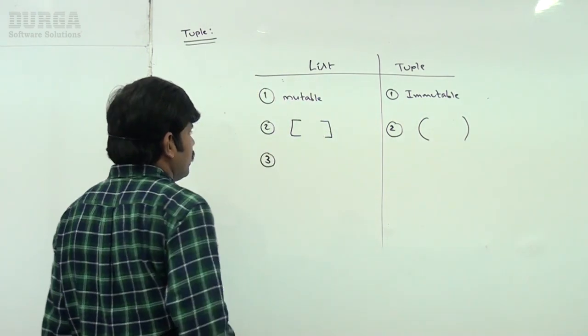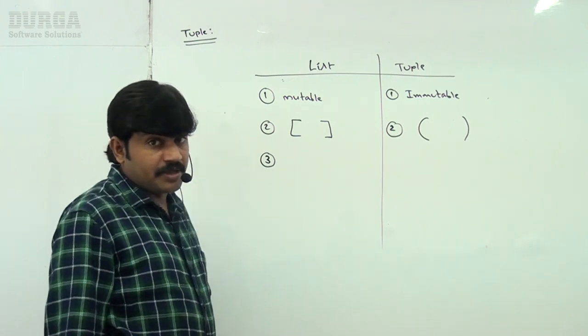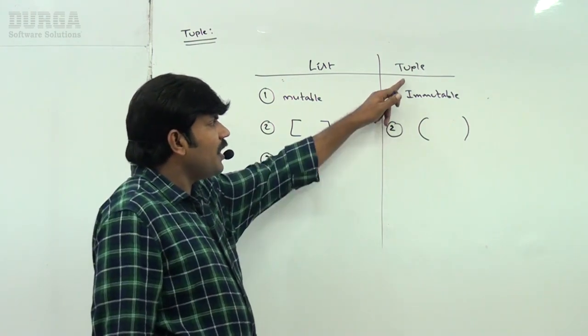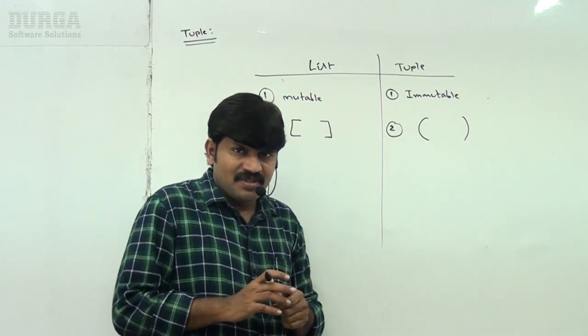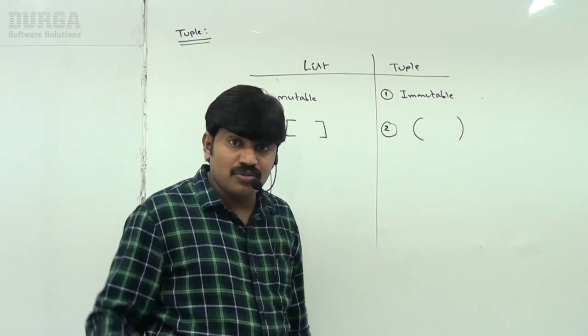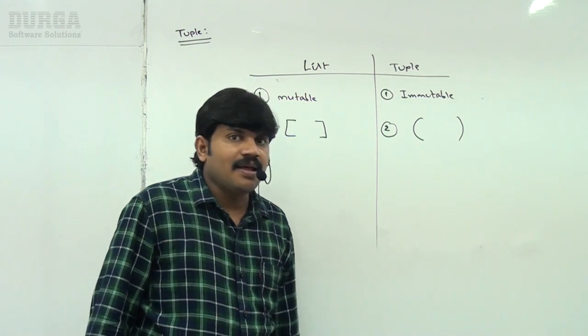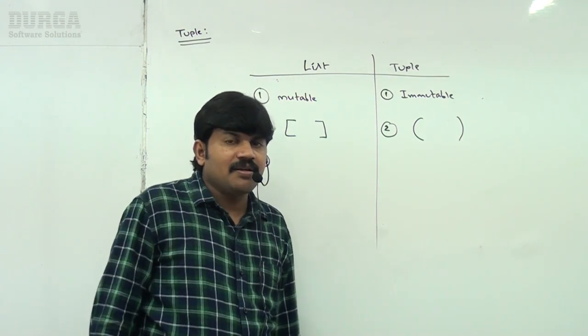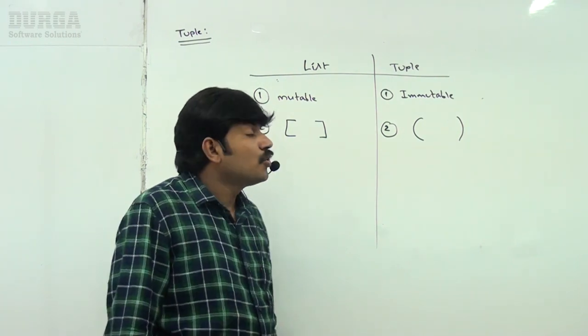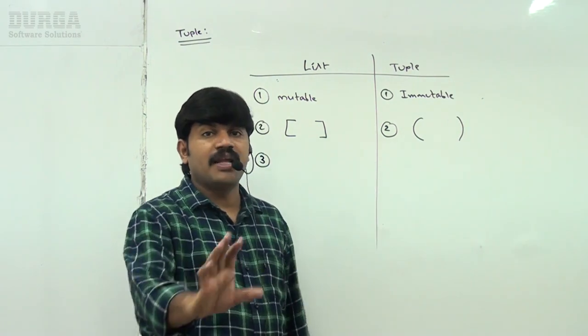Next, third one, very important, take special care, I didn't cover it, sir. Do you know tuple elements are always fixed? They are never going to change at runtime. There is no chance at all to change. That's why, internally, for memory representation Python follows a concise memory representation to store tuple values.